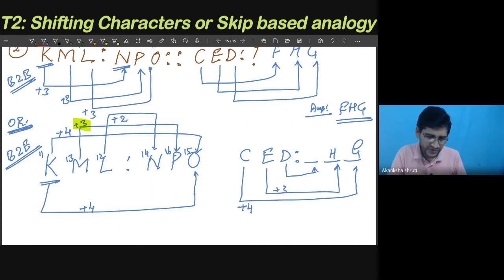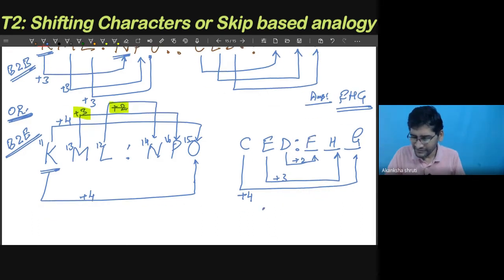But here we observe the shift is 2. So add the 2. D plus 2, 4 plus 2 is 6. So it is F.